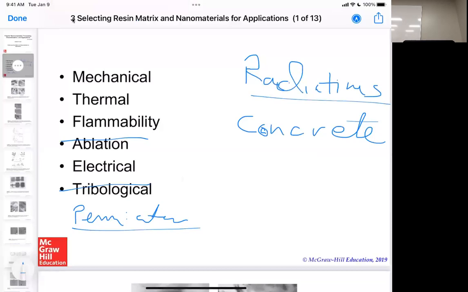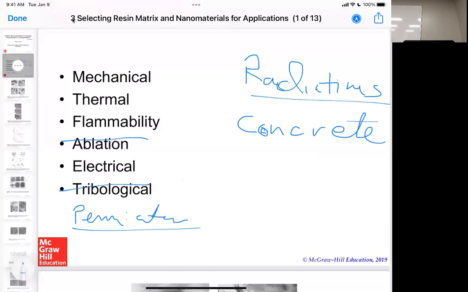Actually, if you find something like nano, for example, there is a topic like nano silica modified cementitious materials. Even in those topics, we don't go into detail about using this type of polymer that has so many bonds with it. We just study whether the rheology is perfect and the mechanical properties are good or not.